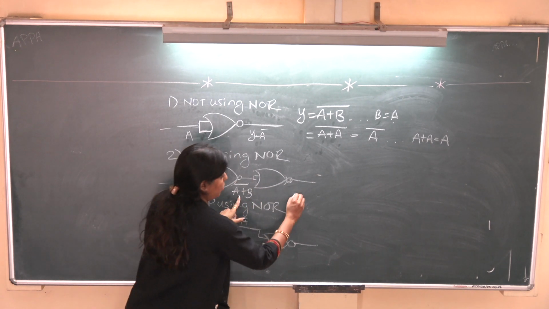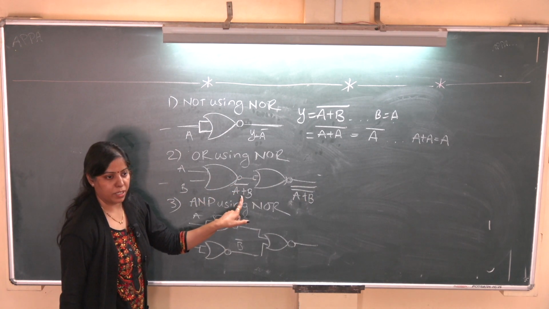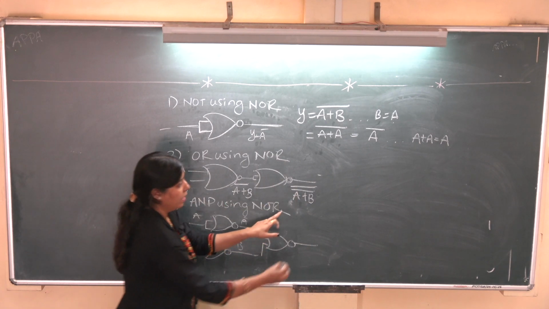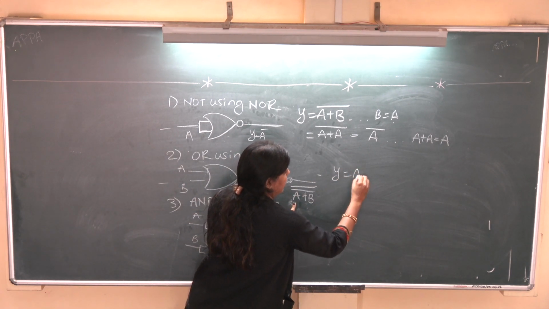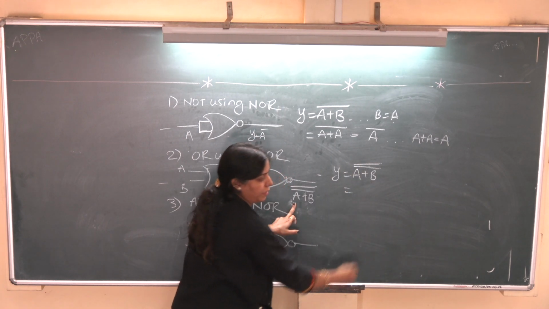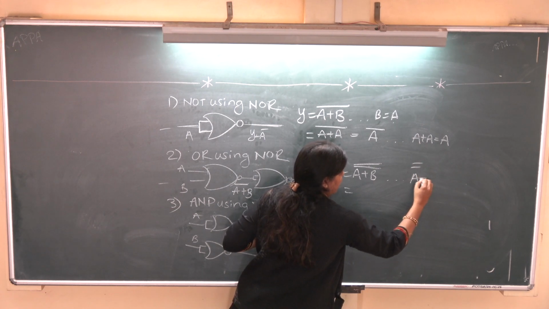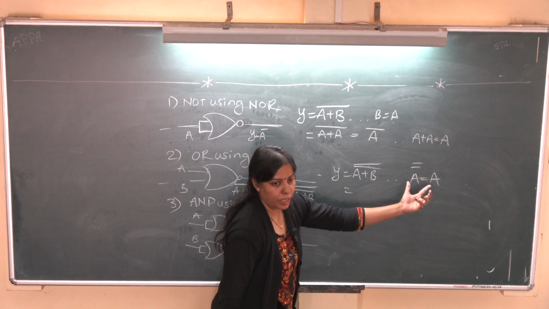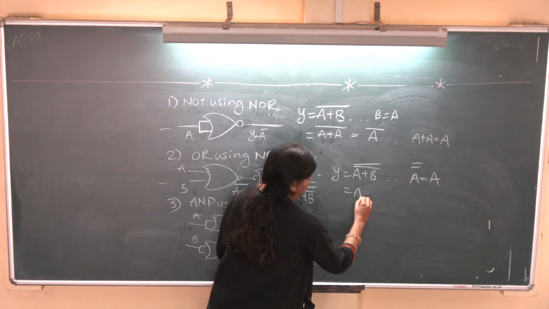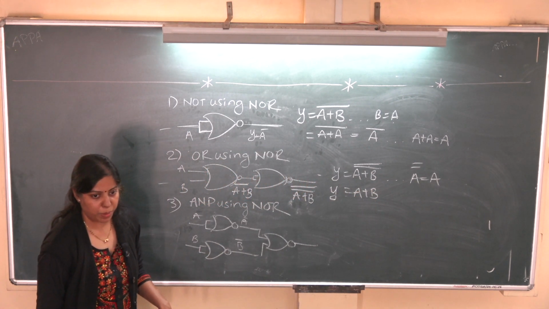So it becomes two bars over A plus B whole bar. So two inversions are there, and your expression is like this, A plus B double bar. By using the inversion law, A double bar is equal to A. The same law is going to apply here. So the Y expression is Y is equal to A plus B.